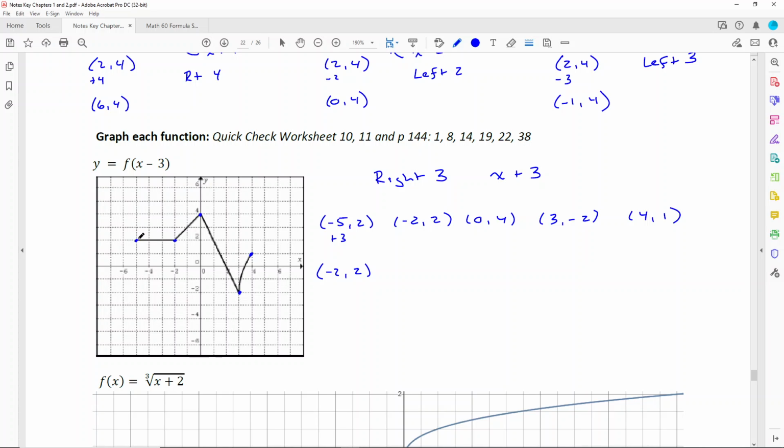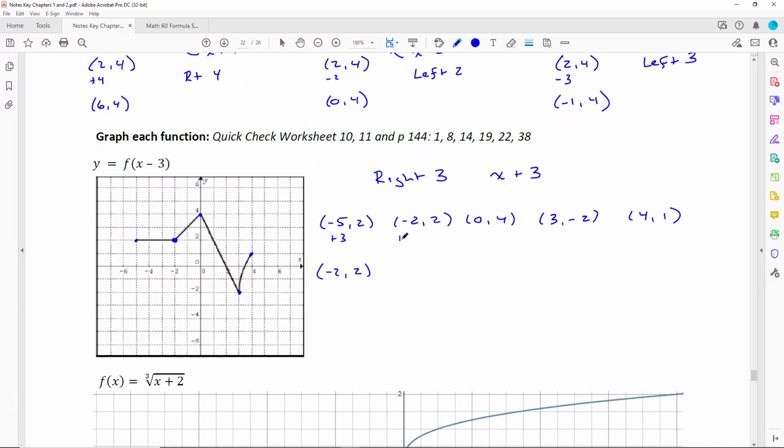In other words, I'm taking this point -5, 2, and I'm shifting it 3 units to the right. Sorry, I think I turned my brain off for a second. 1, 2, there it is at 3. So that's a point -2, 2.